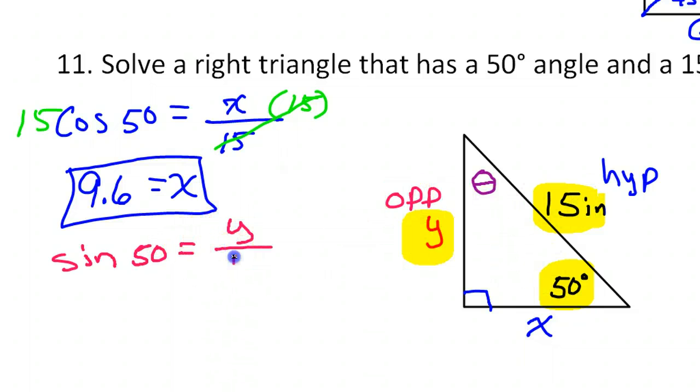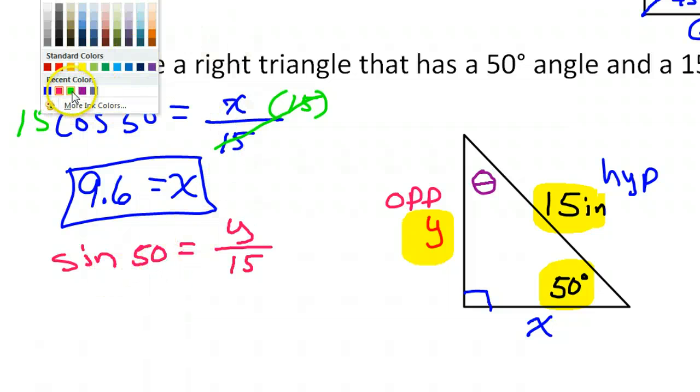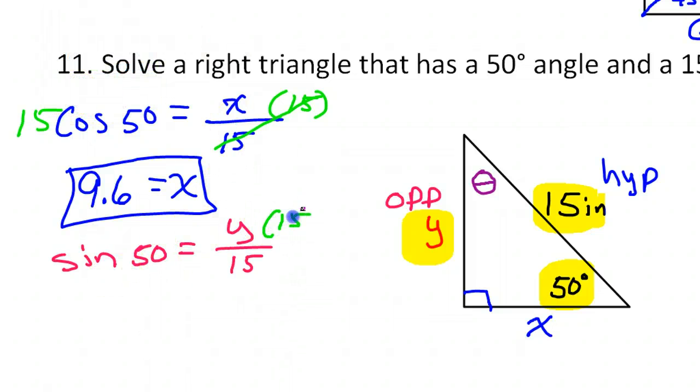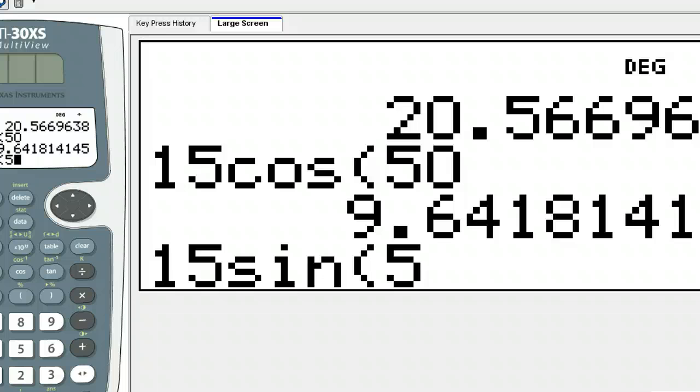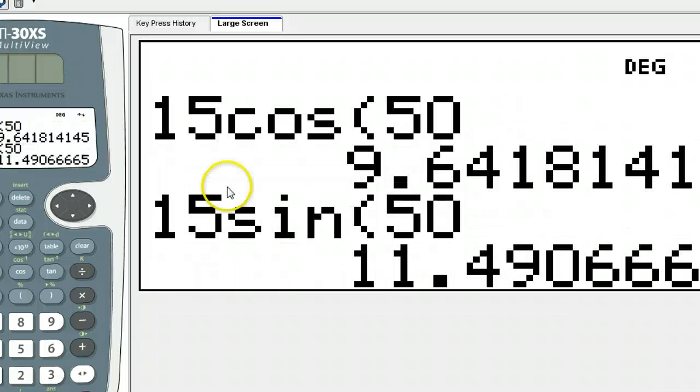So y over 15. Now, is this one where I'm going to multiply or do the swap? Yeah, once again, I am going to multiply. All right, I only do the swap thing when the variable is in the denominator. So those cancel out. So that means y is going to equal 15 sine 50. So that is 11.5.